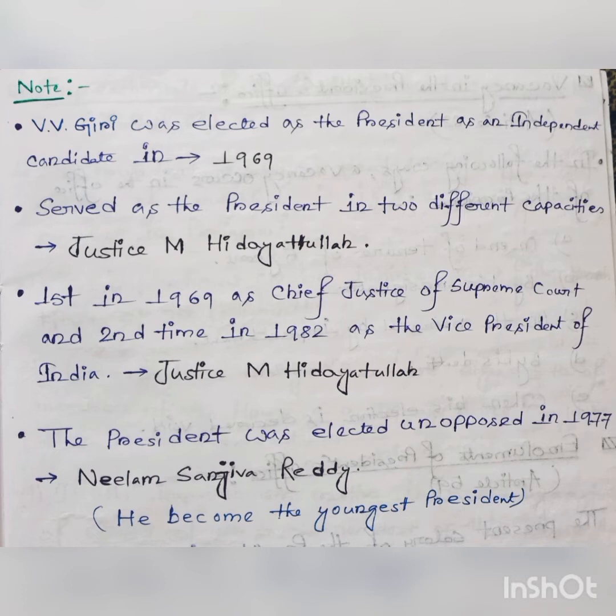Next point, the President who was elected unopposed in 1977 was Neelam Sanjiva Reddy, and he was also the youngest President of India.